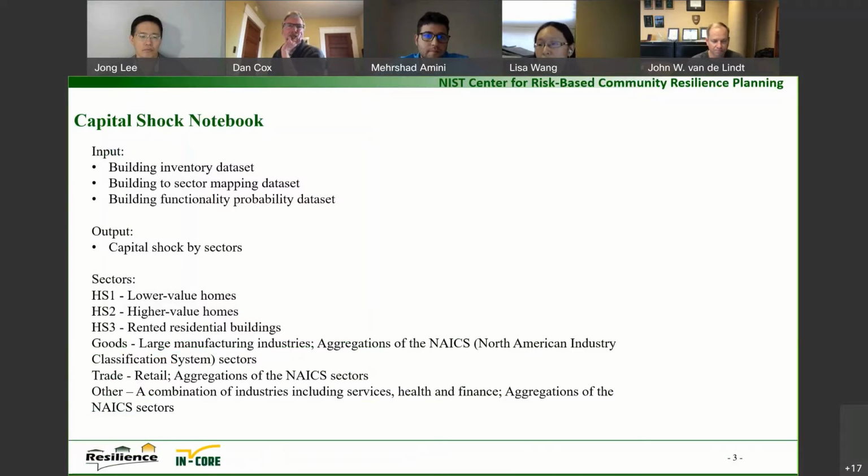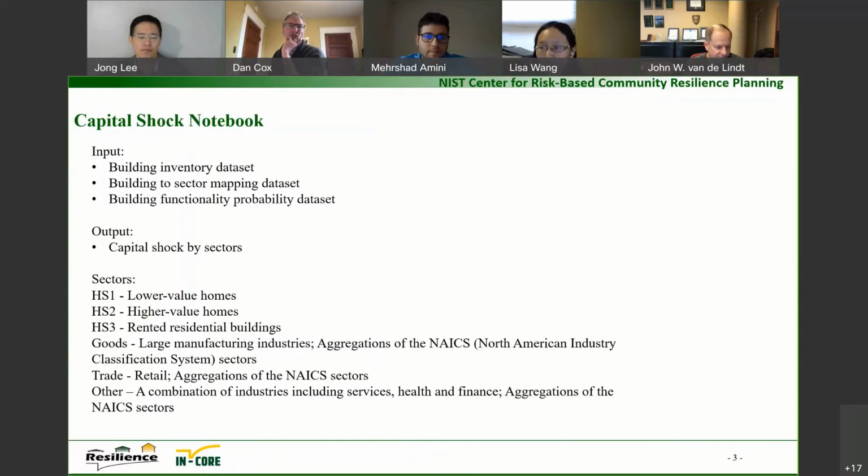You may want to ask, how many sectors do you have and what are the sectors? For the Joplin testbed, we have 6 sectors in total: 3 residential sectors and 3 non-residential sectors. The residential sectors are housing sectors HS1 to 3. The difference is the price of the buildings, or the appraisal values of the building.